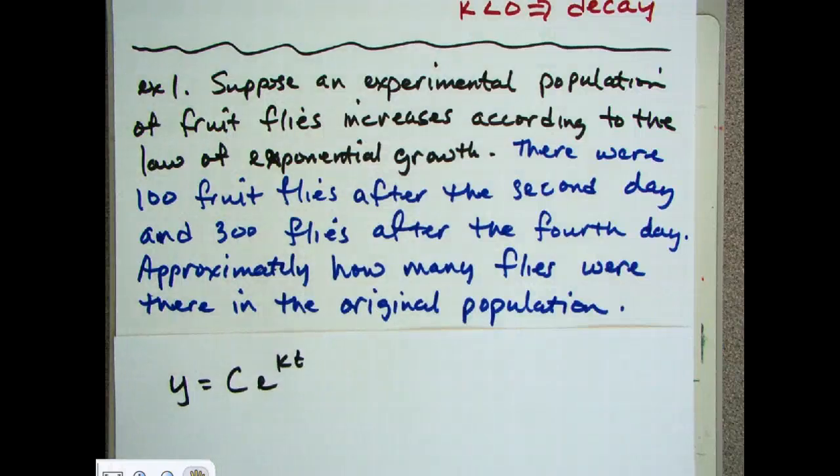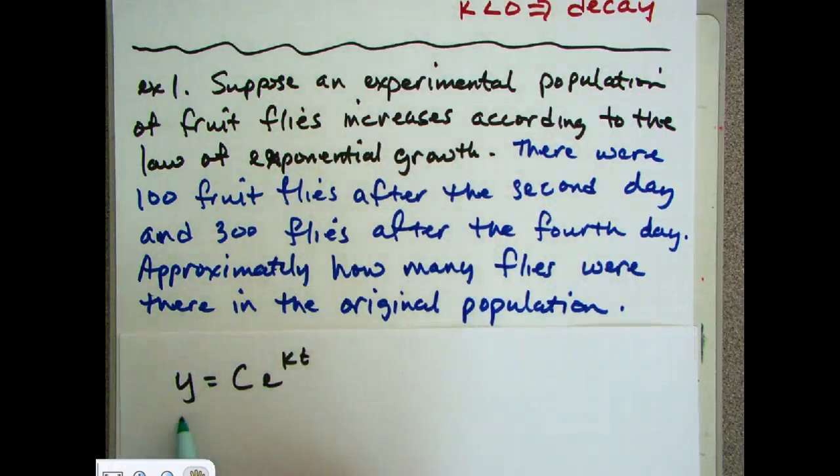Now, c is going to represent the original amount of flies, or the original population of flies. Then we have actually two sets of information. I know that there are 100 flies after the second day, and then there are 300 flies after the fourth day. So we're going to use both of those sets of information in hopes of finding what the original population was. So let's start with the 100.